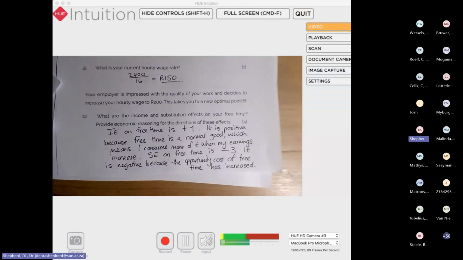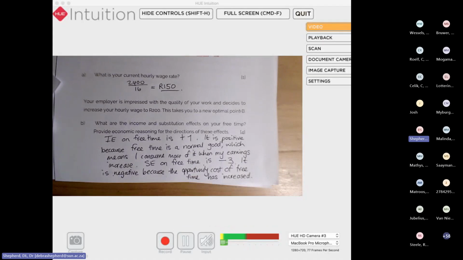So because the wage rate has gone up, free time is now relatively more expensive, which is why I substitute away from it. So there are a few questions in the chat.